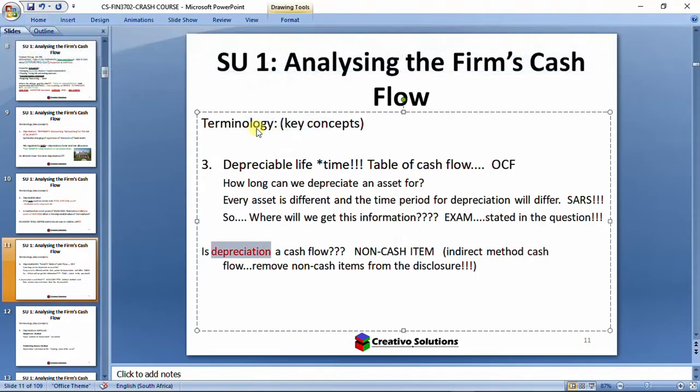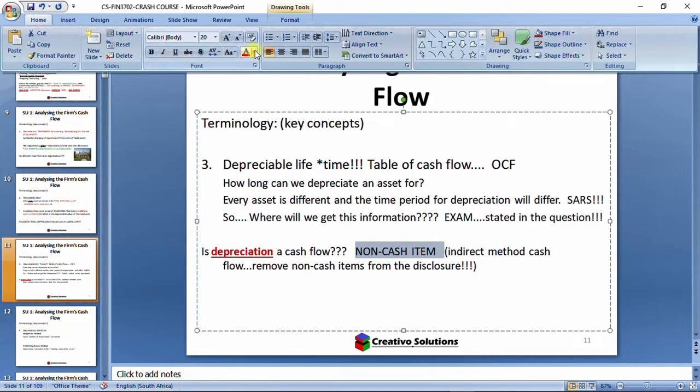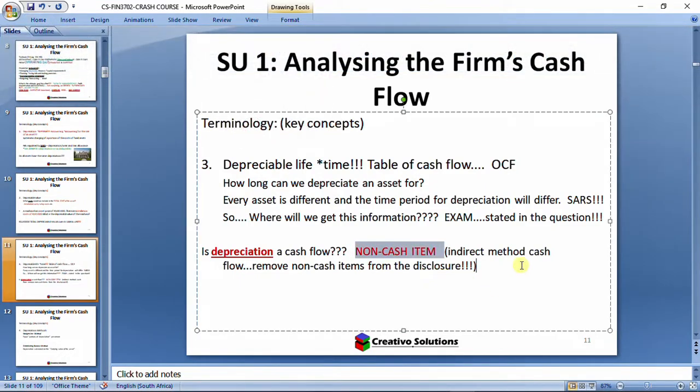Depreciation is non-cash. But depreciation gives a tax benefit that affects cash flow, and that's why you need to always consider it.